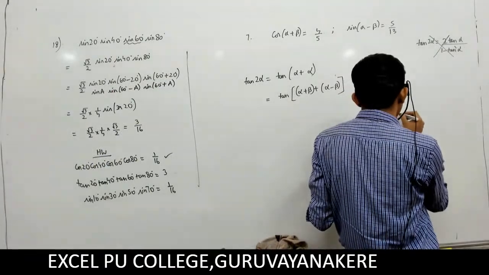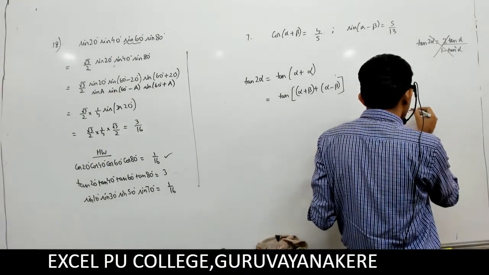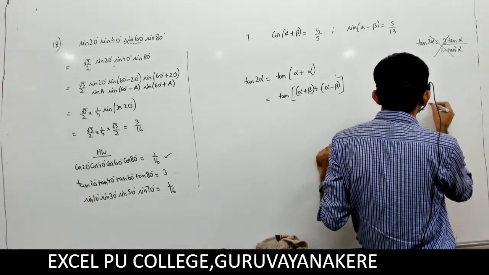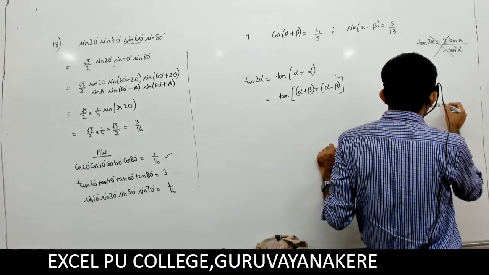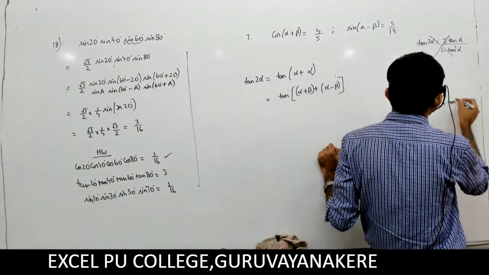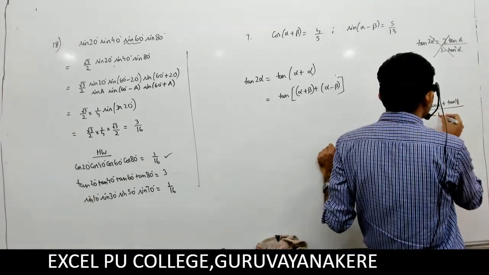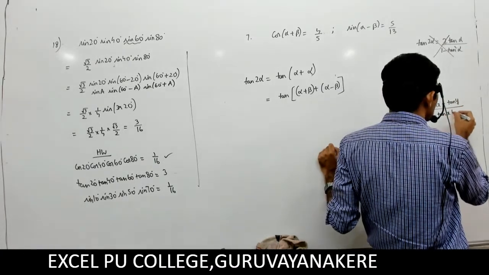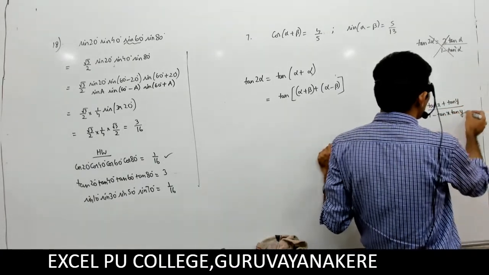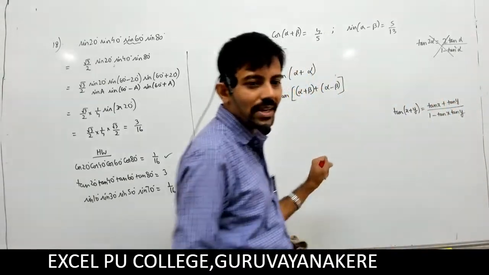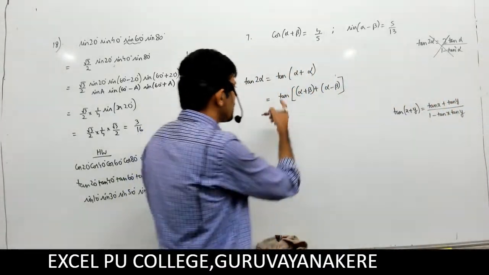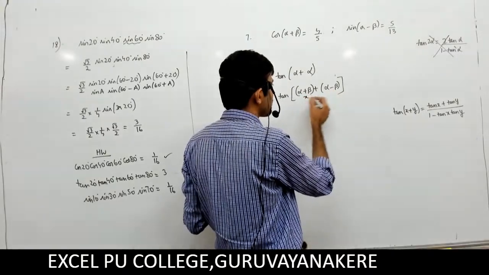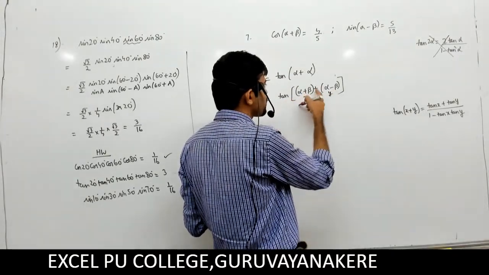Tan of x plus y is equal to tan x plus tan y divided by 1 minus tan x into tan y. This is x, this is y. Tan of x plus y formula.